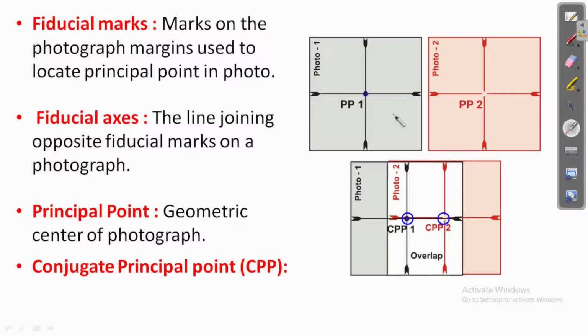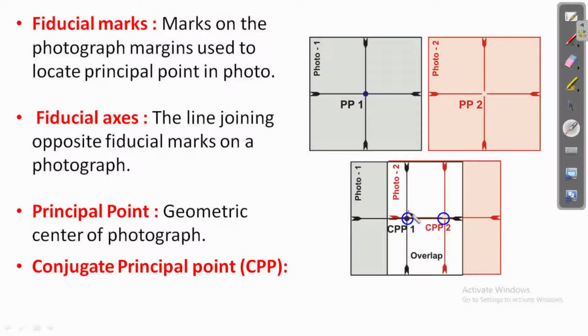Every 2 successive photographs have a 60% overlap area. If the overlap is more than 50%, the principal point of photograph number 1 and the principal point of photograph number 2 will be observed on each other. Here, the principal point of photograph number 1 appears on photograph number 2 and simultaneously the principal point of photograph number 2 appears on photograph number 1.